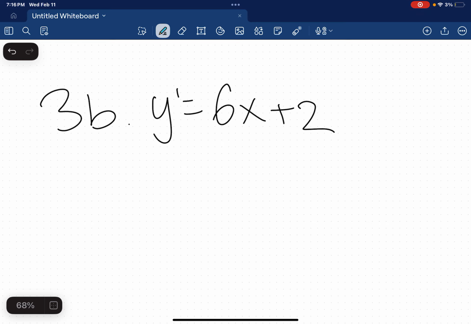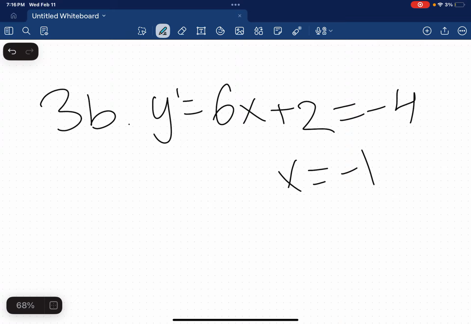In that case, we have to set it to -4 instead of plugging in x equals -4. Solving this, we get x is equal to -1. So that gives us our first coordinate.